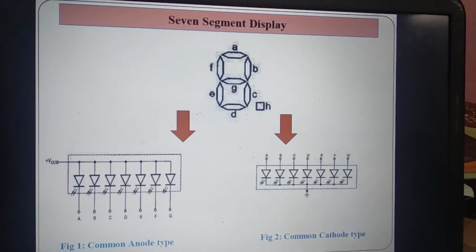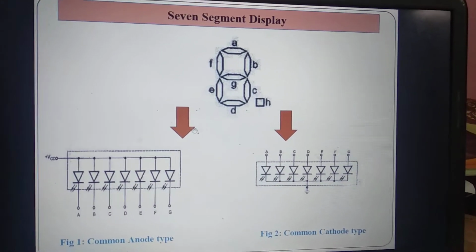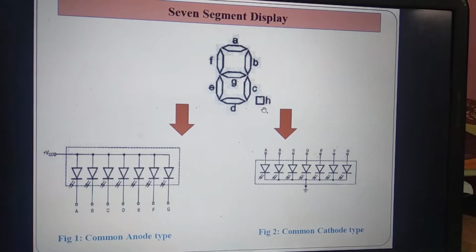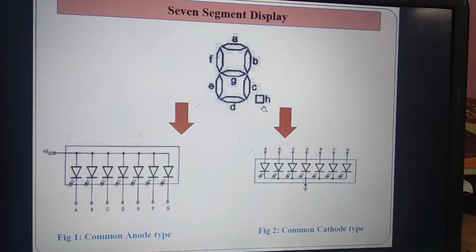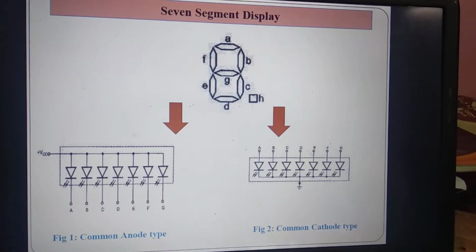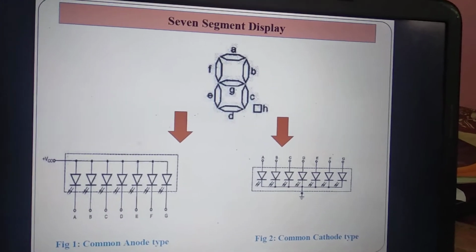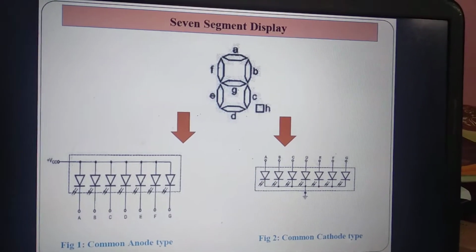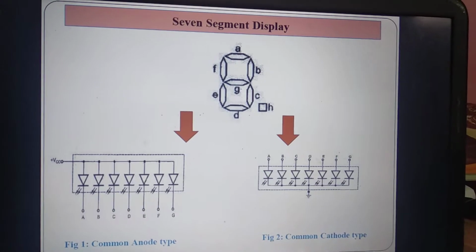And another section is this one. This is the decimal point part. Now in each of the 7 segments there is basically an LED that will be illuminated when we connect it in forward bias.